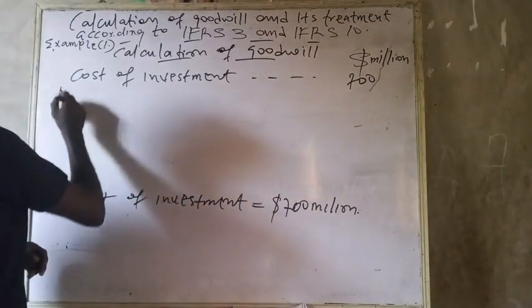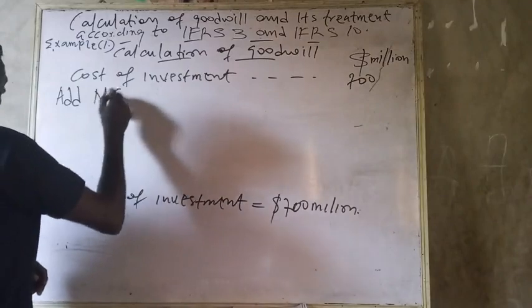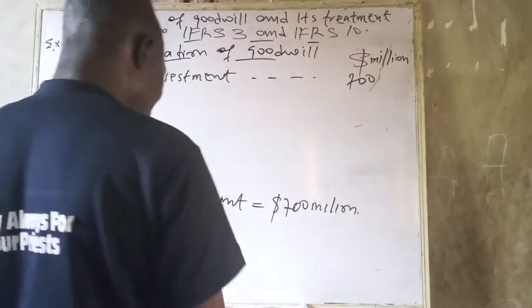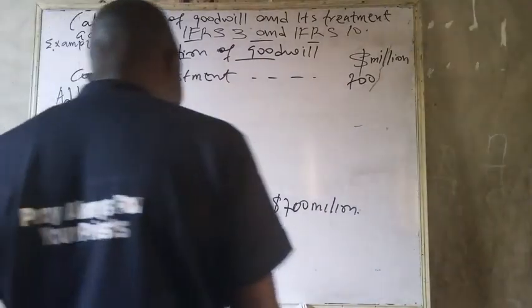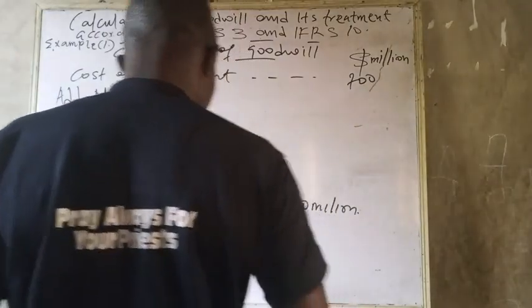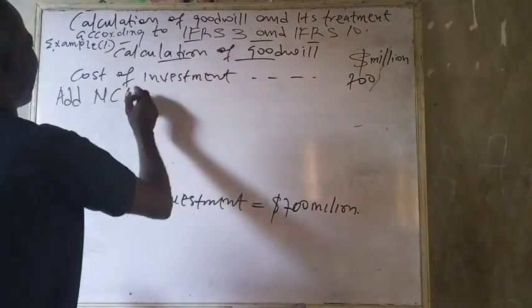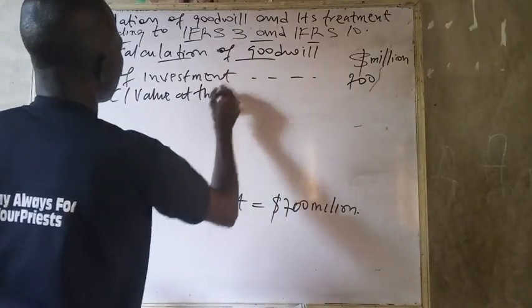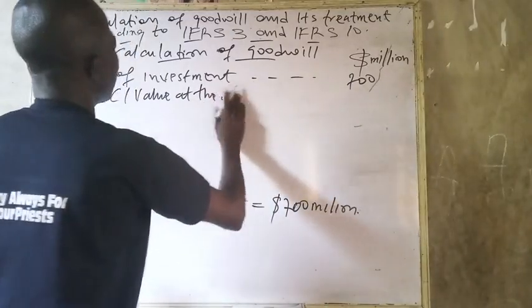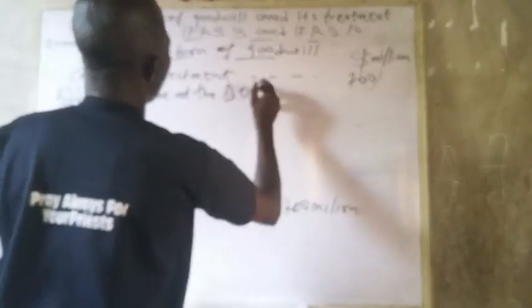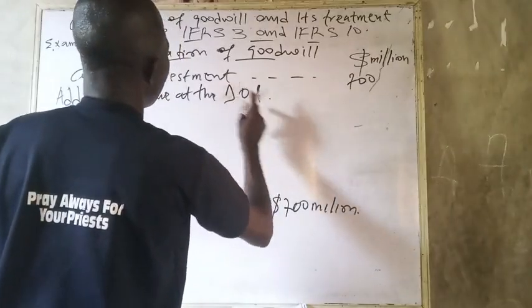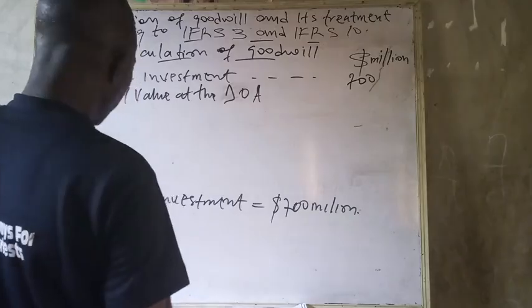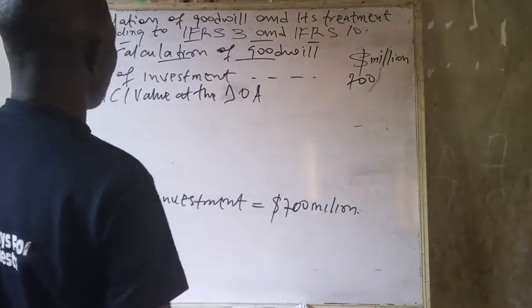You add NCI, the NCI value at date of acquisition, DOA. That is the NCI value of the subsidiary company at date of acquisition.